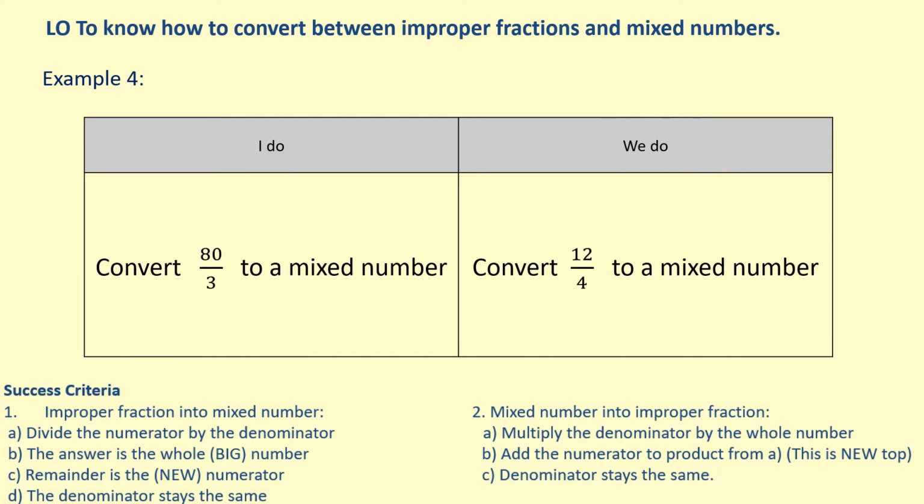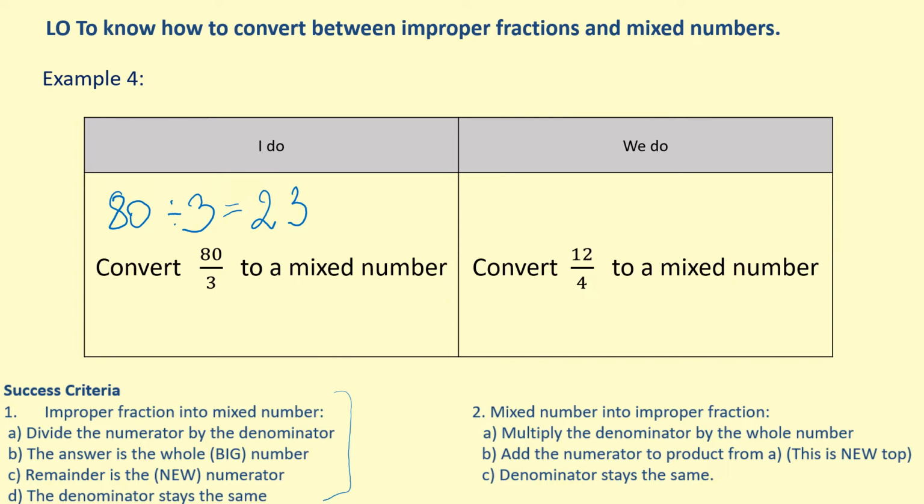Example 4. Again, following all the steps for improper fraction, divide the numerator by the denominator. So 80 divided by 3. This is 23. 23 times 3 is 78.